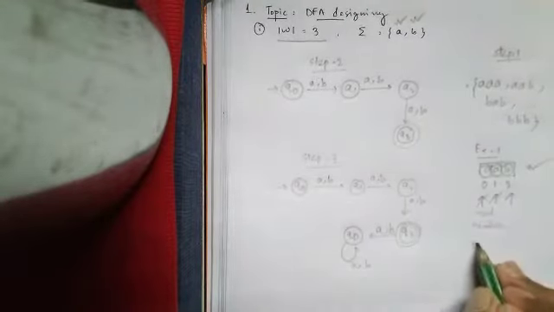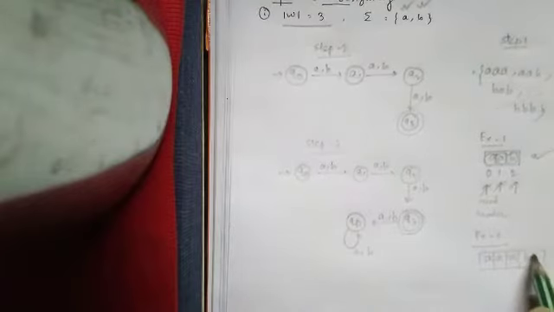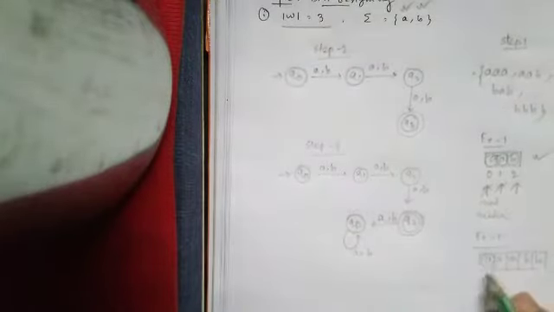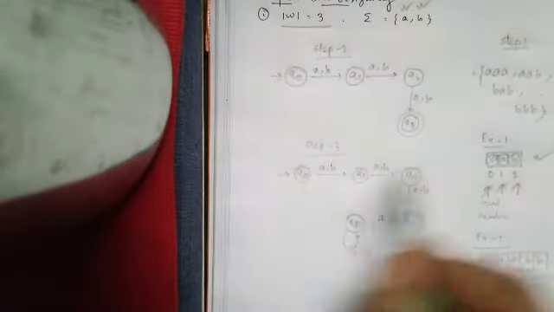Now let's take another example where I will show you that a string of length greater than 3 will be rejected. Let's say any string, A, let's say B, a length 5 string. Now the read header is at the first position, and it will make a transition from here. It will scan this and make a transition from Q0 to Q1, and it will keep on scanning and making transitions.